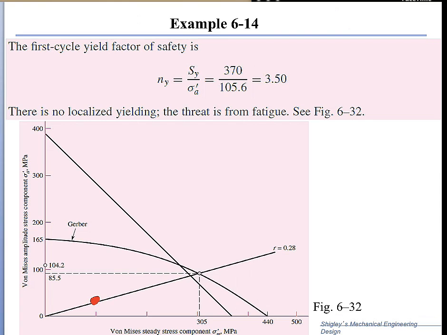So the load line has to pass from the origin through the load point, and this point has an alternating and a mean component. Then we can compute the fatigue safety factor as this ratio, and if we want the yield, we have to find the intersection with the Langer line and find the yield safety factor as the ratio of this line divided by this line. So these are given here.